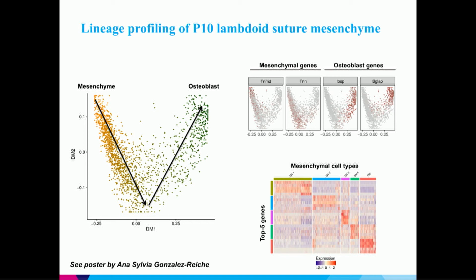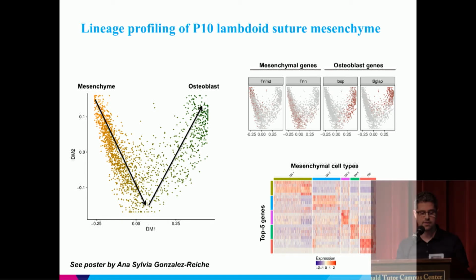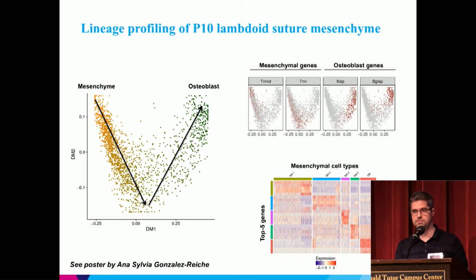Also shown in the bottom right, each of these different cell subpopulations that we identify within the differentiation trajectory from mesenchyme to osteoblast is characterized by the expression of different genes. This really allows us to study in vivo the progression and differentiation of mesenchymal cells to osteoblasts, and formulate new hypotheses in the ways that we can approach these differentiation trajectories.